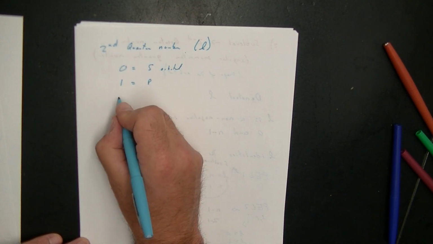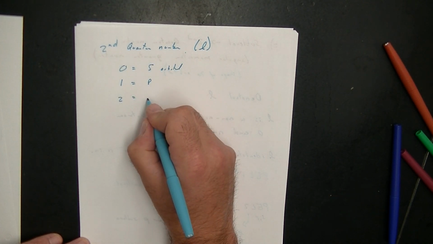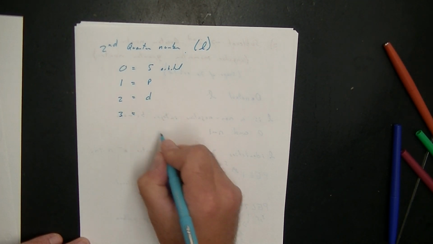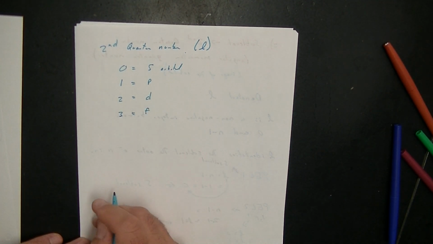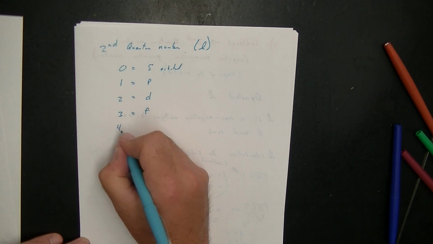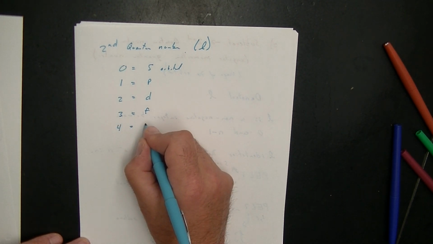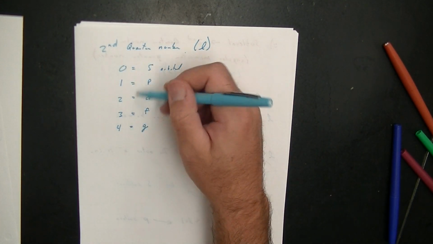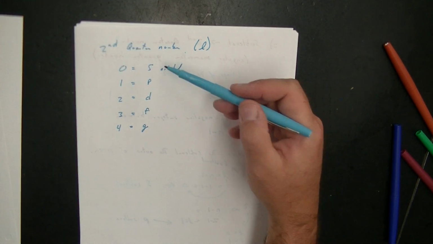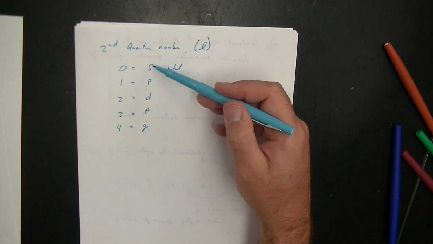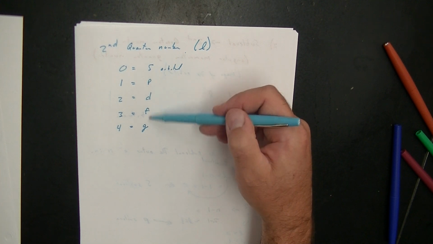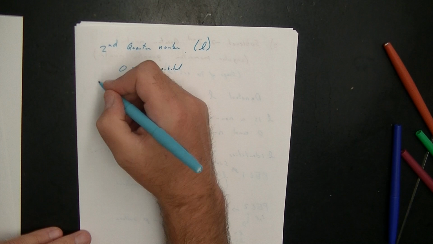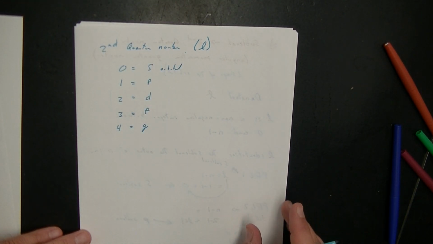If the second quantum number is 2, it's in a d orbital. If it's 3, the last electron is in an f orbital. If it's a 4, it's in a g orbital. So all the second quantum number is telling me is what type of orbital the last electron is in. You're going to have a 0, 1, 2, 3, or 4, and it's just found by n minus 1.